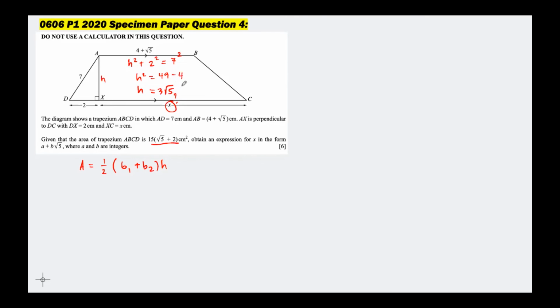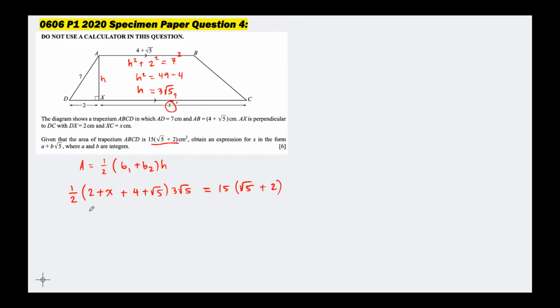So we now have the height, and we're going to use the area. That gives us 1/2, first base is 2 plus x, second base is 4 plus square root of 5, and the height is 3 square root of 5, is equal to, since this is the area, which is given, 15 times square root of 5 plus 2.